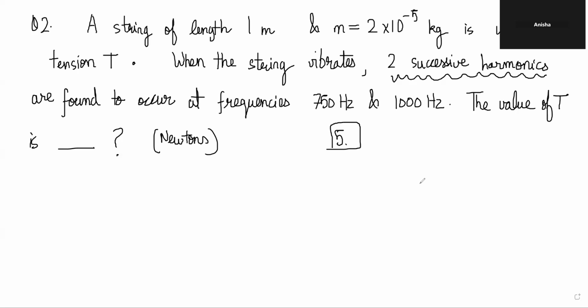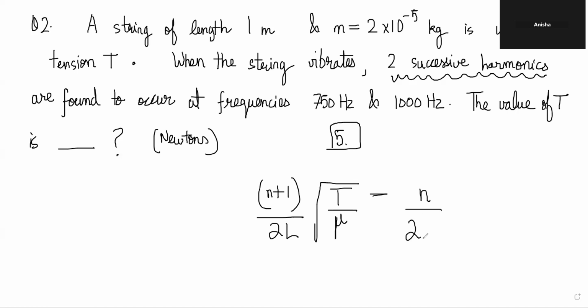So it has to be a string fixed at both ends, and then you will just put the equations (n+1)/2l root over T over mu minus n/2l root over T over mu will be 250. Yes. And after that, it is obvious 1/2l root over T over mu will come and you'll get the answer. So the main thing is to realize whether it is a string fixed at both ends or not, right? Right.